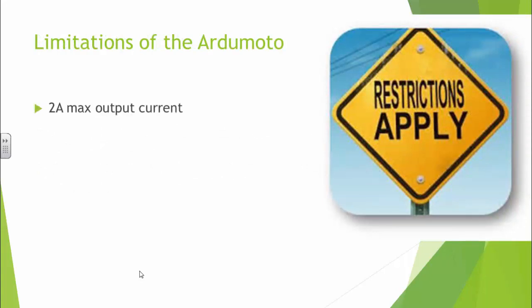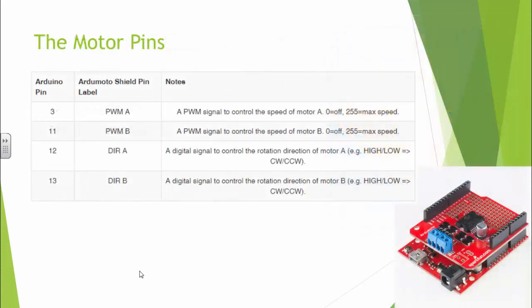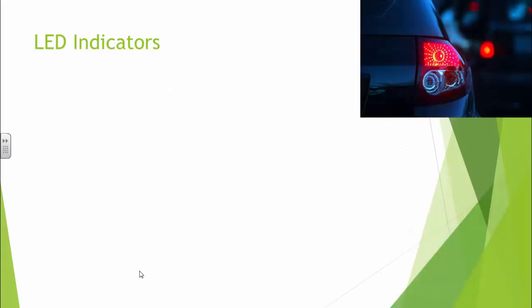The limitations of the Ardumoto: 2 amps maximum output current, 8 volts maximum potential in. And of course, if we want to run 2 amps, we need to make sure that our power supply can support that. Okay, in terms of the pins, all of this is in the SparkFun documentation, so that's no big deal.